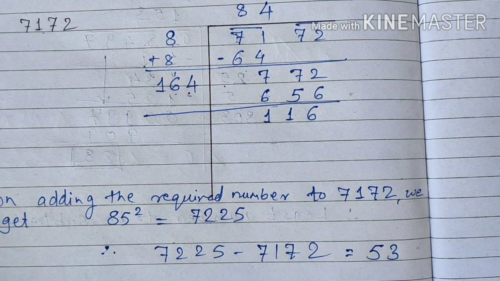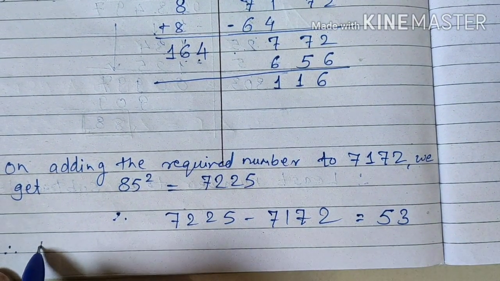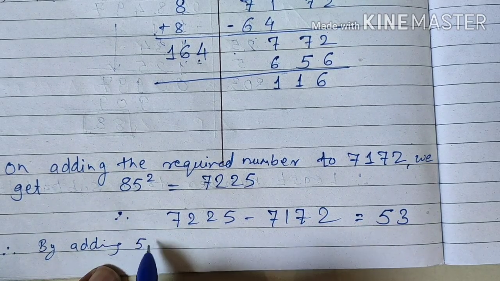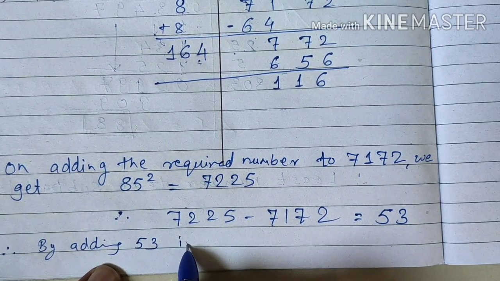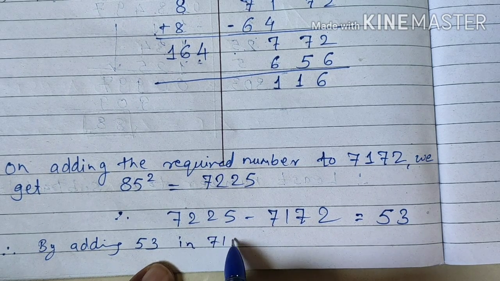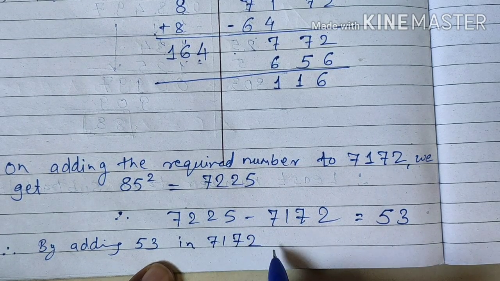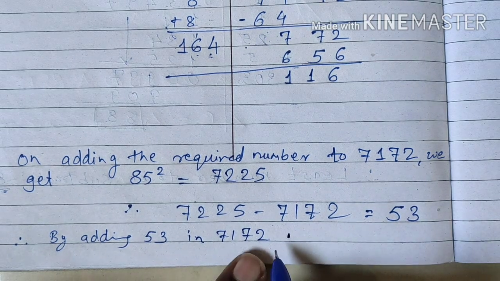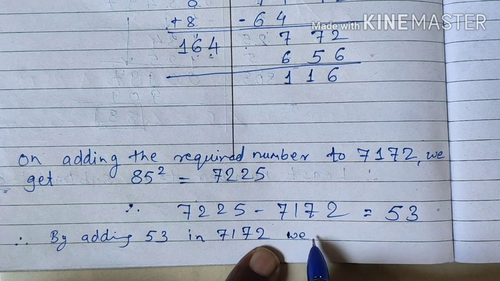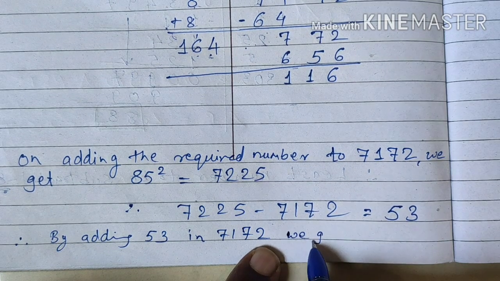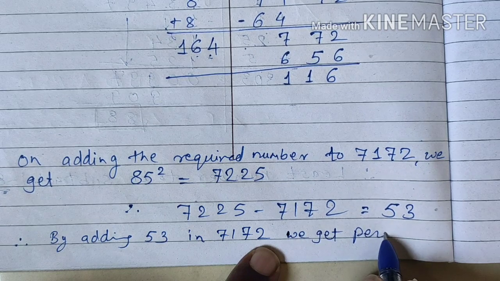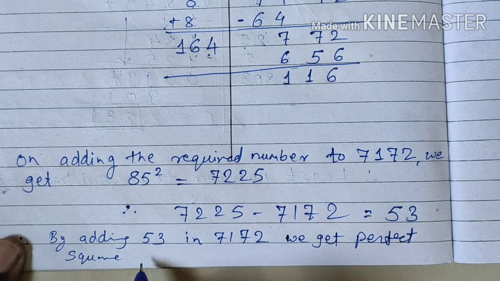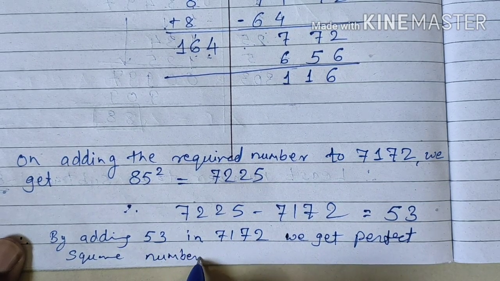So at the end we can say that by adding 53 to 7172, we get a perfect square number.